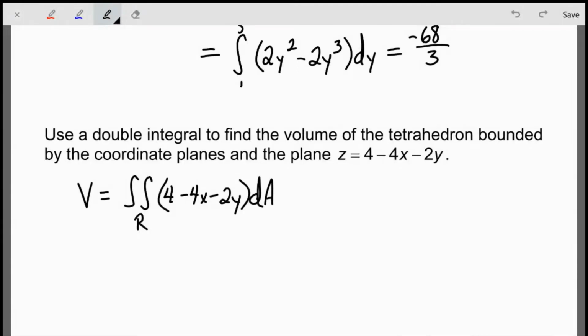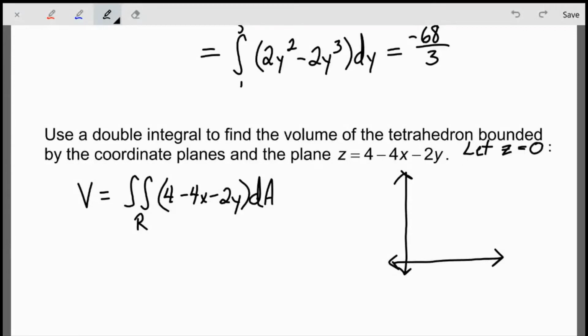And what can be helpful here is to actually draw in what your region is on the xy plane. So that's what I'm going to do. I'm going to draw in my xy plane, and now I'm bounded by the coordinate axes. Okay, so the only other part of this I need then is what else am I going to be bounded by? Well, let's think about if we set z equal to 0. So I'll just write that here. Let z equal 0.